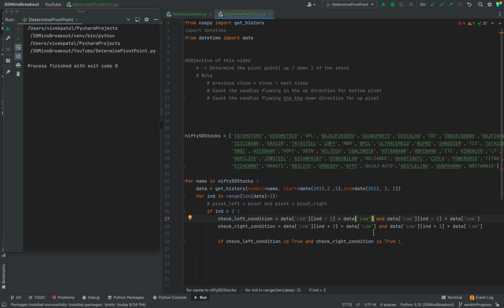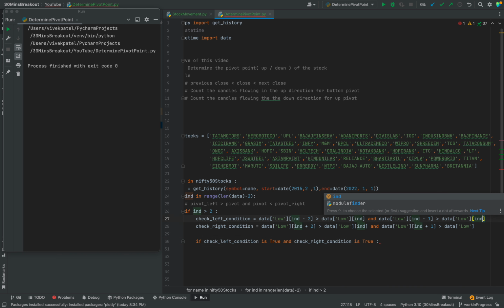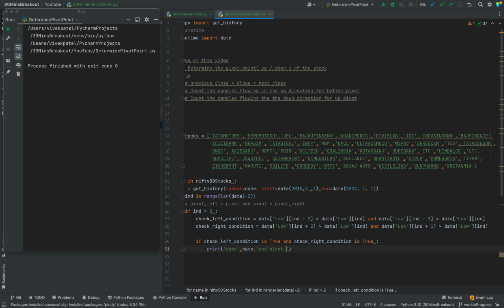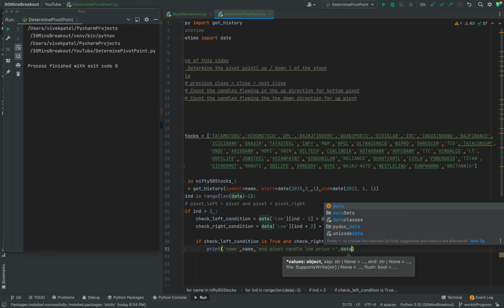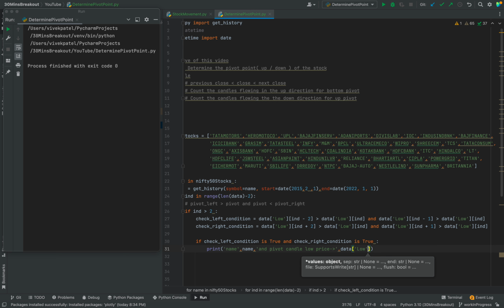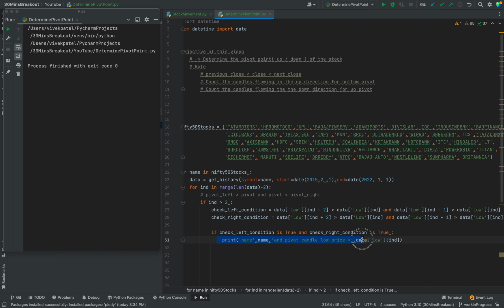Okay, one thing I missed: the name. So we are just printing the name and the pivot candle low price over here.